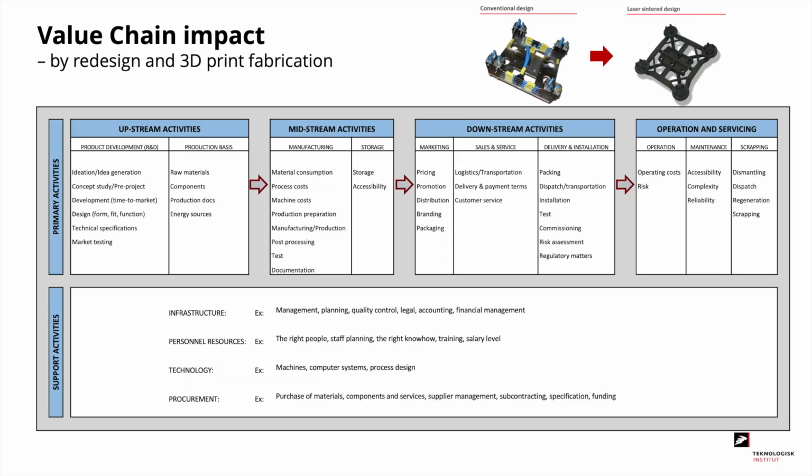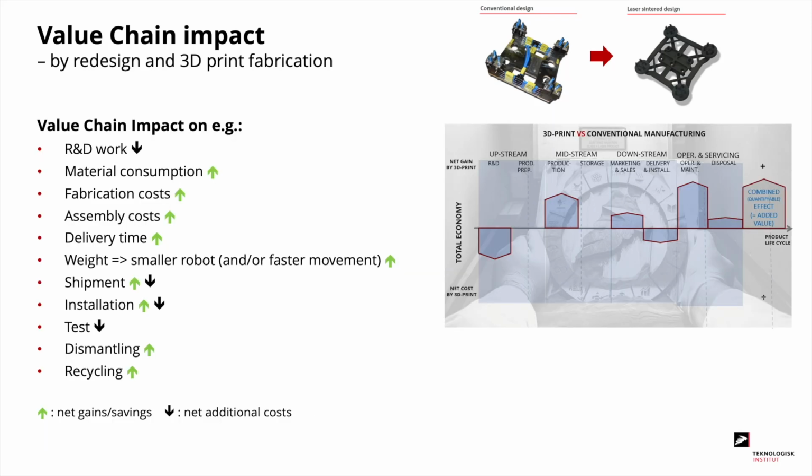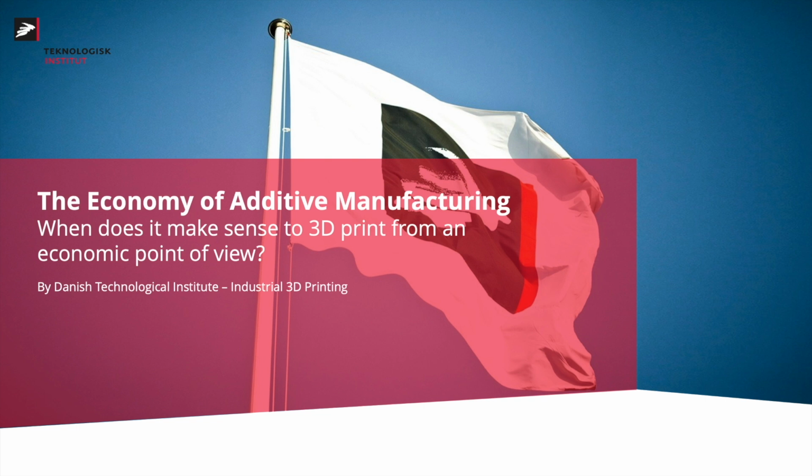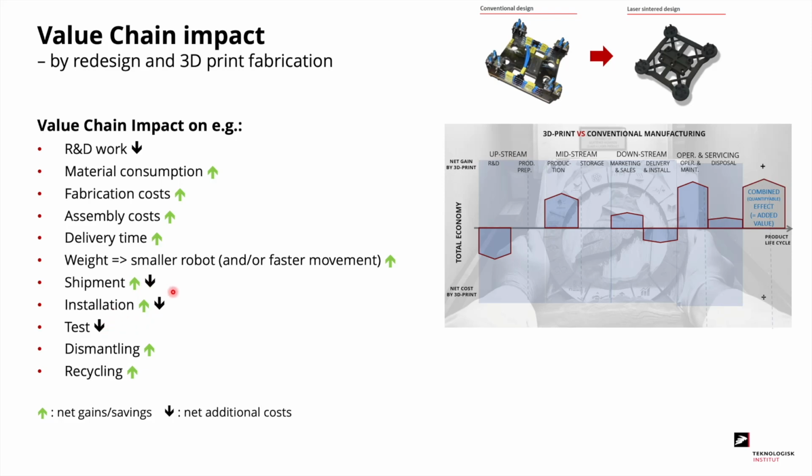Applying our checklist to this case, the question is, in which activity did we see an impact using additive manufacturing? So let's look at the impact it has on the value chain. There are both positive and negative contributions. The negative contributions, or extra costs, apply to R&D work and test, and maybe to shipment and installations.